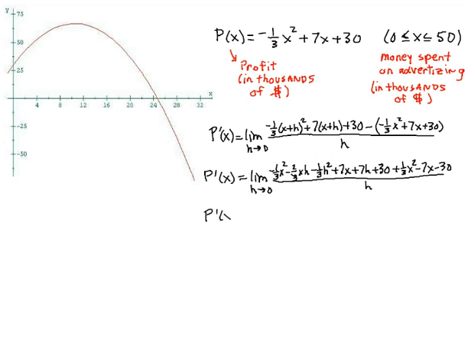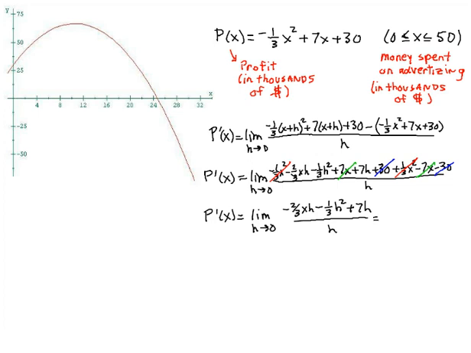So p prime of x equals, I'll get a little cancellation here, limit as h approaches 0. The minus 1/3 x squared and the positive 1/3 x squared cancel. The 7x and the minus 7x, and the 30 and the minus 30 cancel. So I'm left with, in the numerator, minus 2/3 xh minus 1/3 h squared plus 7h all over h.